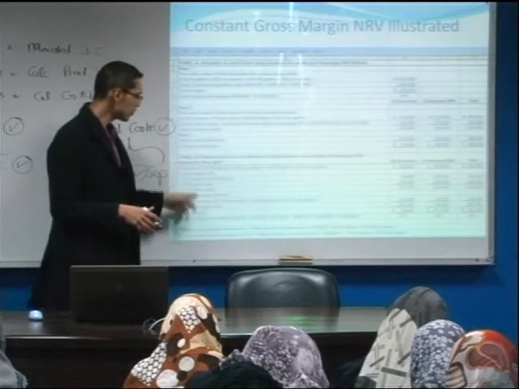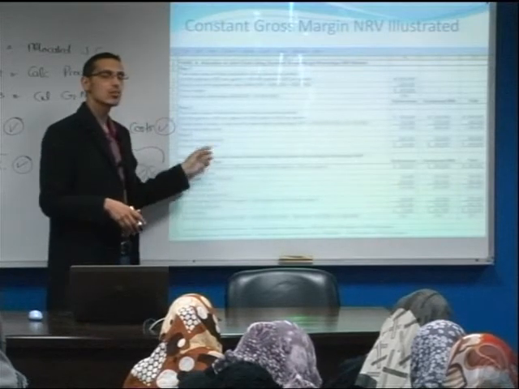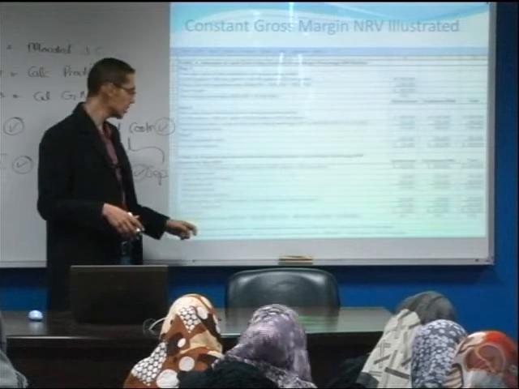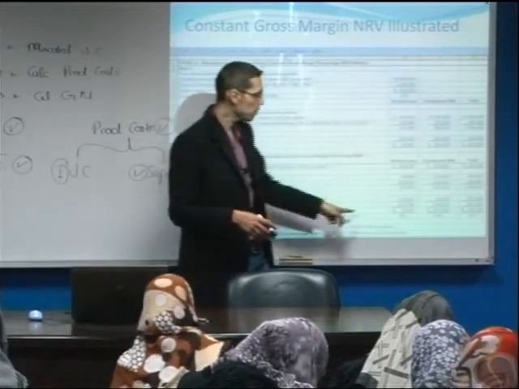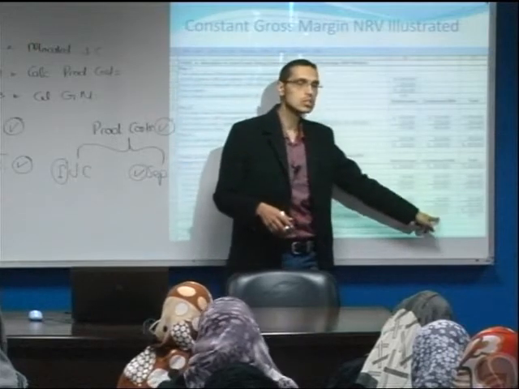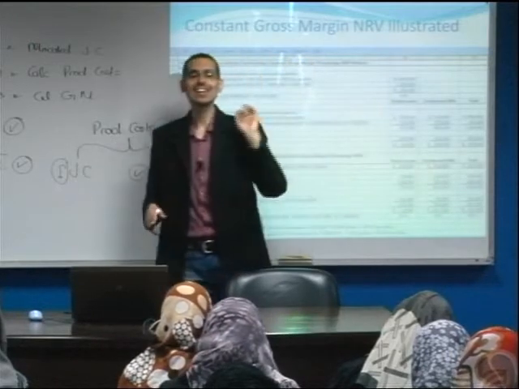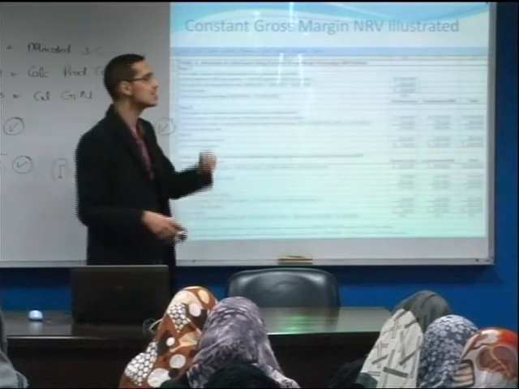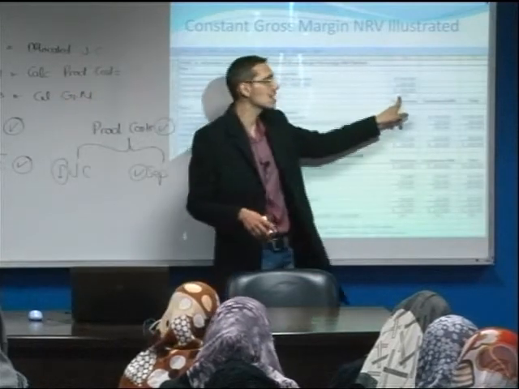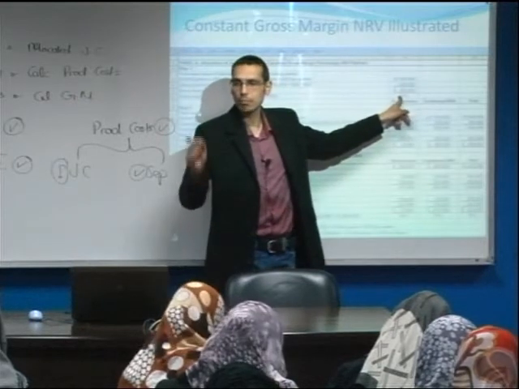Now, the cost of goods sold is calculated. The revenues minus the cost of goods sold will give us the gross margin. And of course, as we can see here, the gross margin percentage would equal 25%, which is the same percentage that was calculated in step number 1.